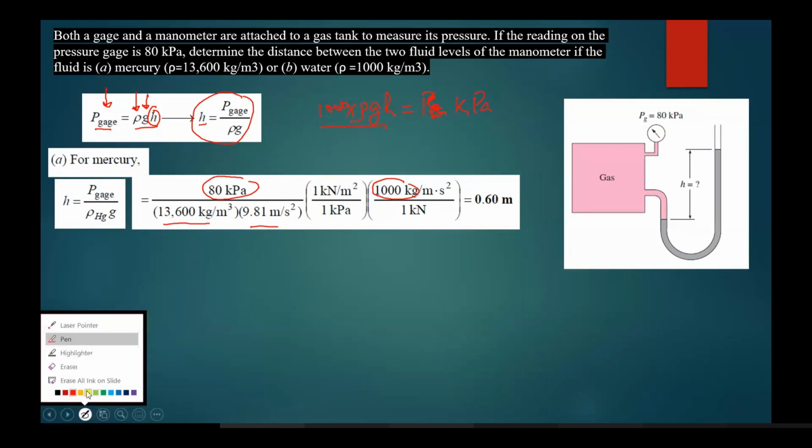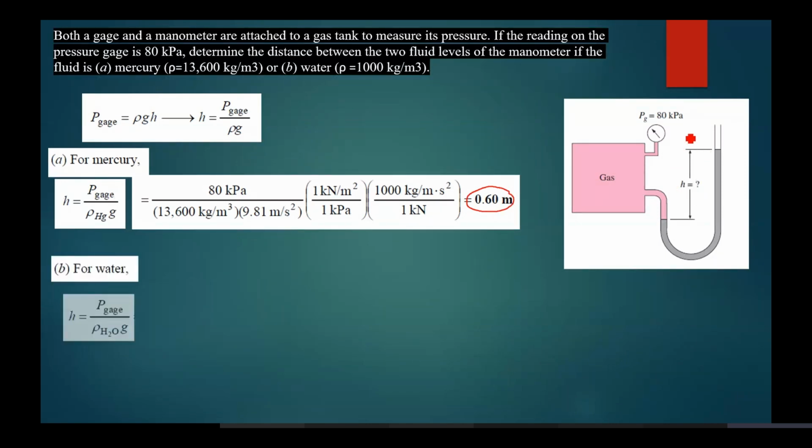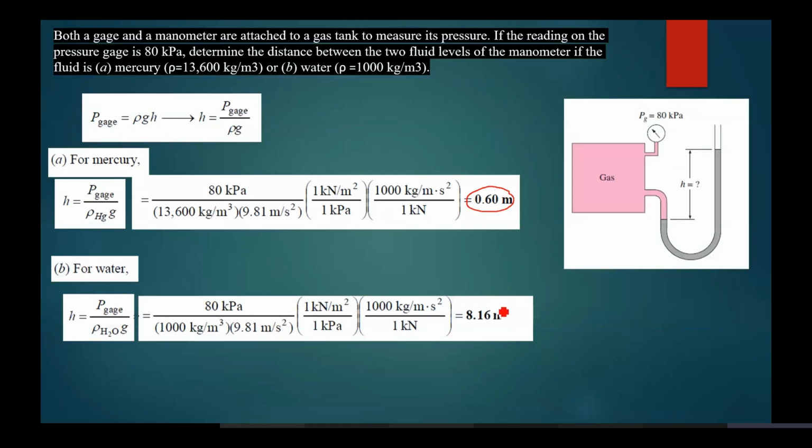Yes, sir. All right. So for mercury, this height comes out to be 0.60 meters. And when I calculate the same thing for water, it comes out to be 8.16 meters, which is much greater than 0.60.